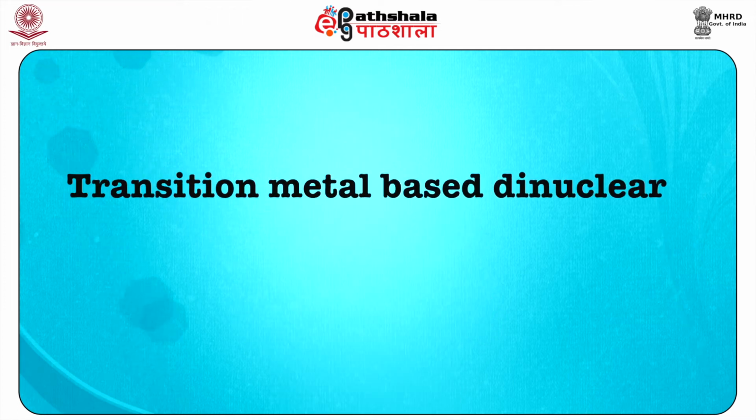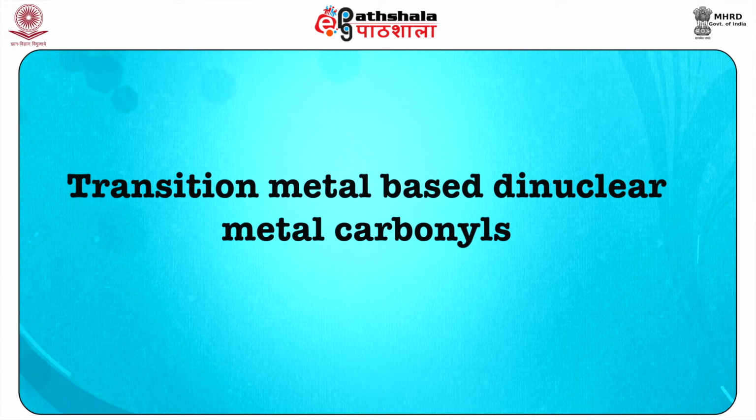So, after having an elementary idea about the dinuclear metal carbonyls and the polynuclear metal carbonyls, now let us try to understand the transition metal based dinuclear metal carbonyls in detail.